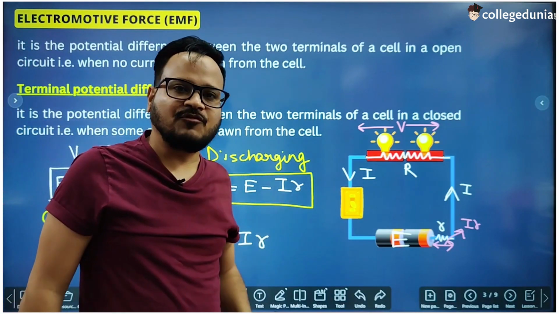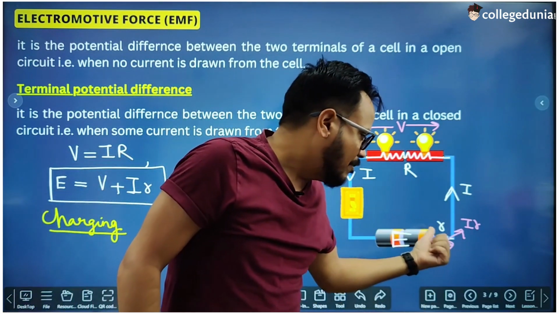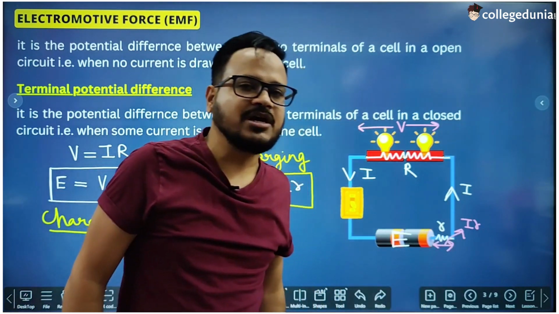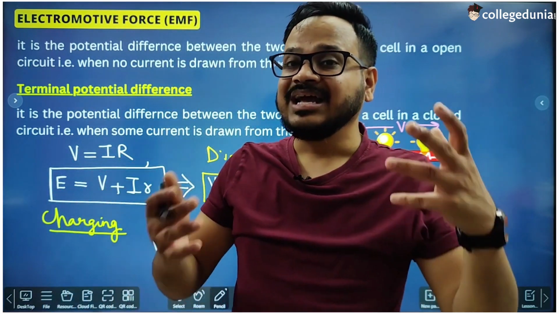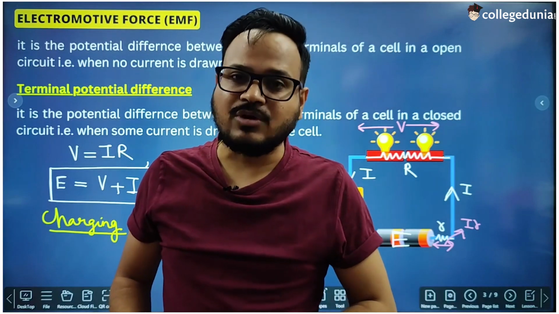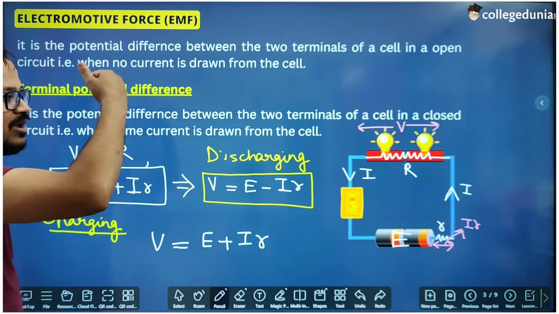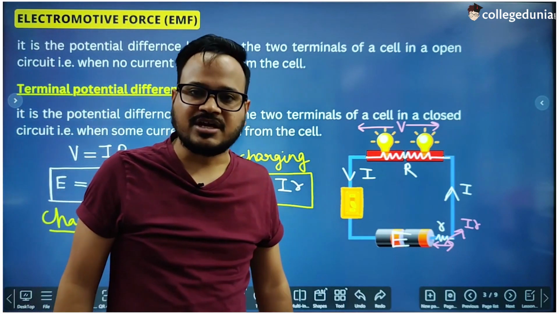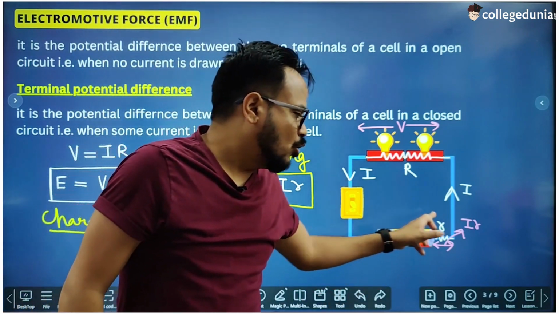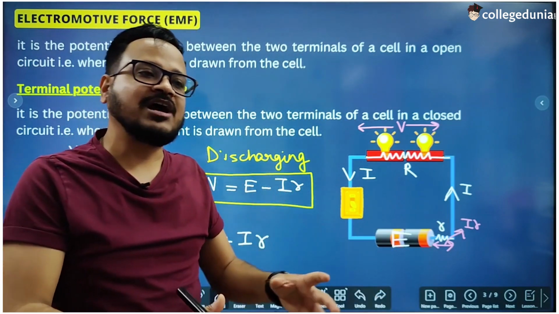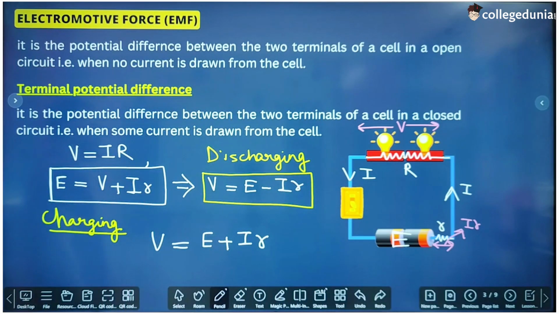If you give it 1.5, then 0.1 will be used by the cell to overcome the internal resistance, and only 1.4 will be left for charging, but the cell needs a complete 1.5. So you give an external voltage of 1.6, so that out of that 1.6, 0.1 is used to overcome the internal resistance and 1.5 is completely left for the cell to get charged.